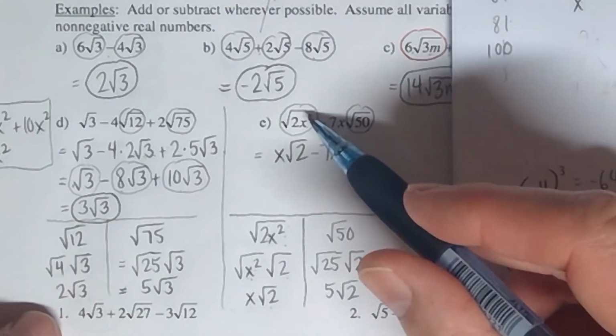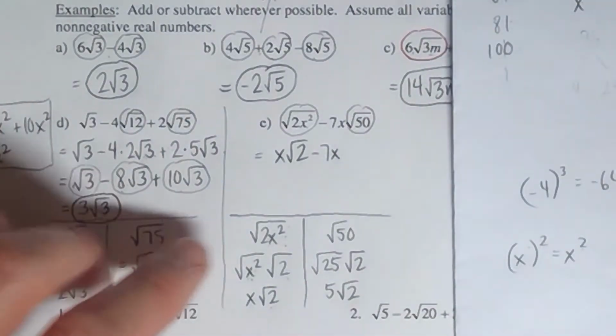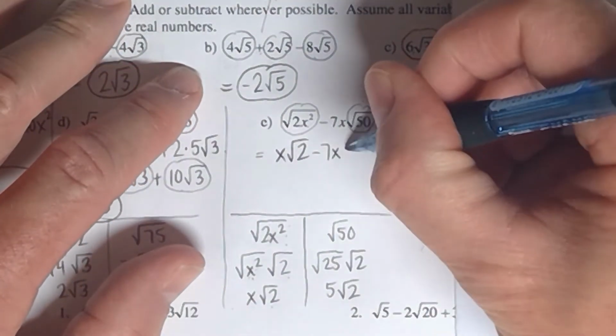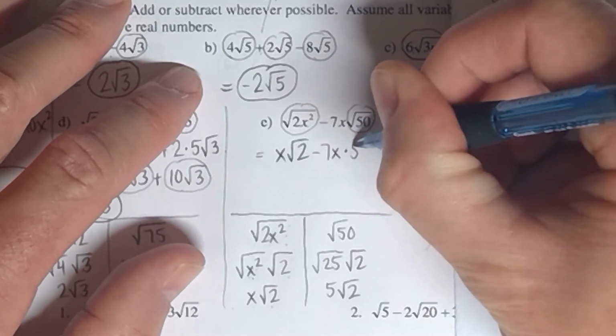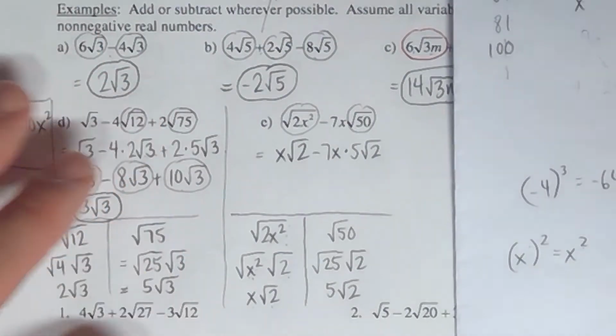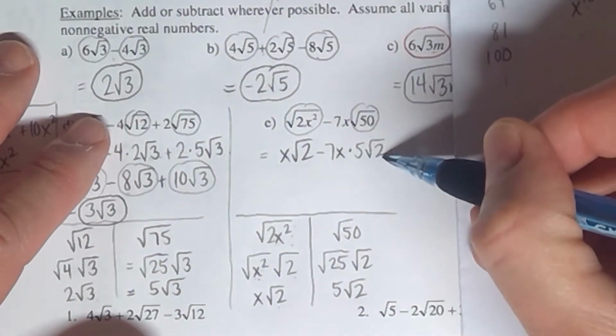Anything that's outside the radicals needs to come down into this next line that we're writing right now. And so this becomes what? 5 radical 2. Rad 50 becomes 5 radical 2.